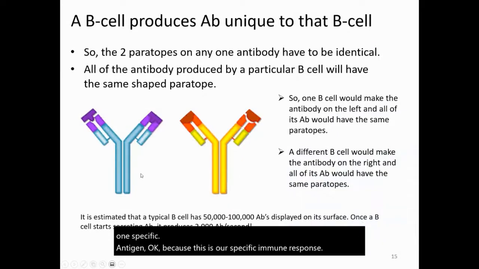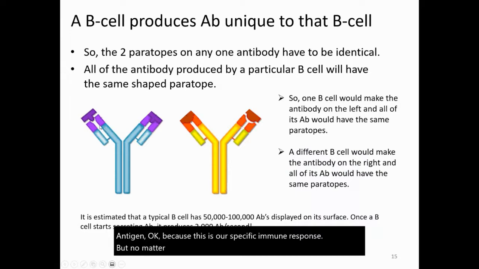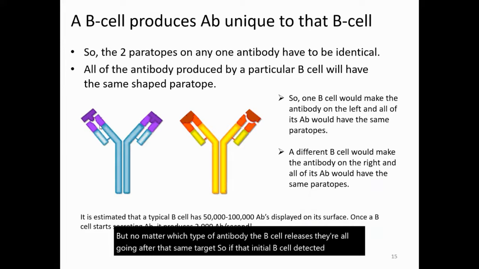But no matter which type of antibody the B cell releases, they're all going after that same target. So if that initial B cell detected and destroyed and presented an E. coli antigen, then all of the antibodies made by that B cell are all going to be going after E. coli.